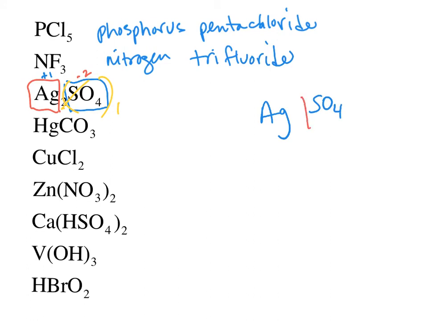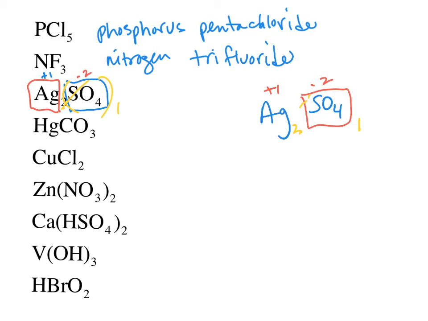Sulfate, the entire thing is -2. Silver is +1. You can use the crisscross rule, right? And you have a 2 here and a 1 here. You don't put parentheses on the sulfate because it's just one of them, but we'll look at another example of that in a minute.